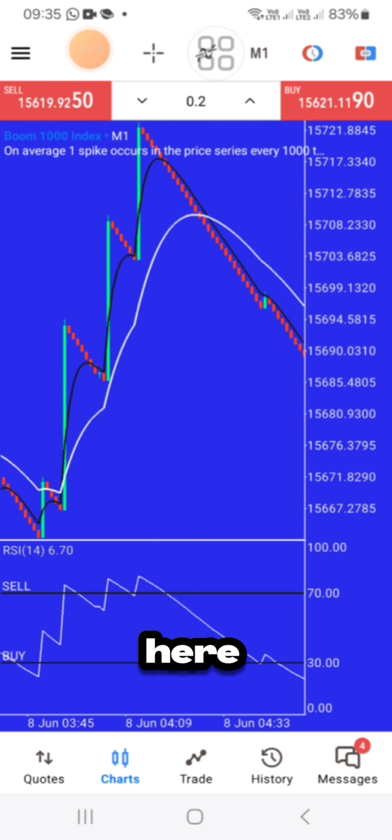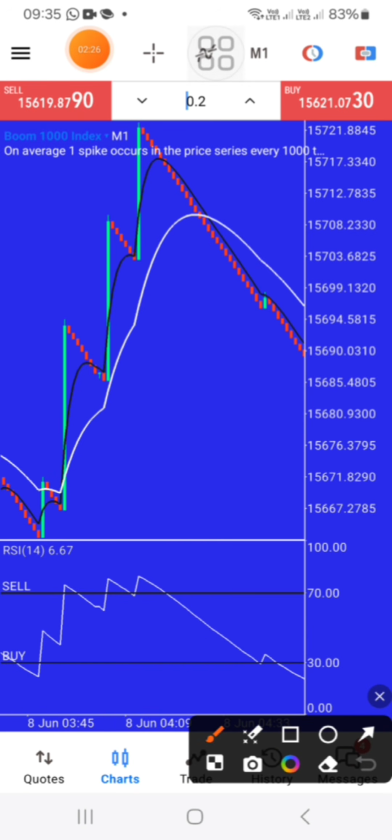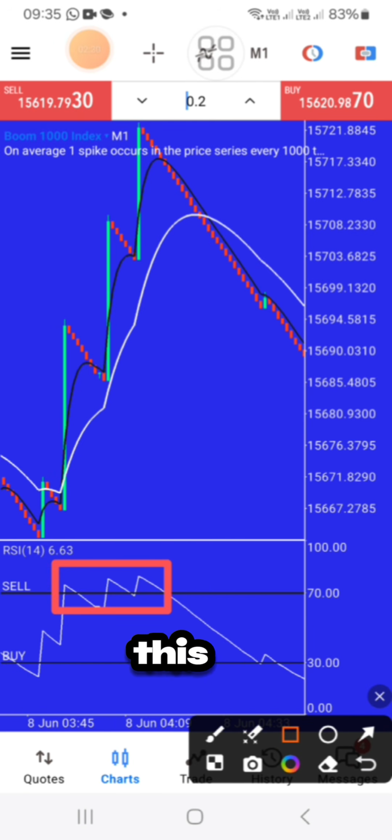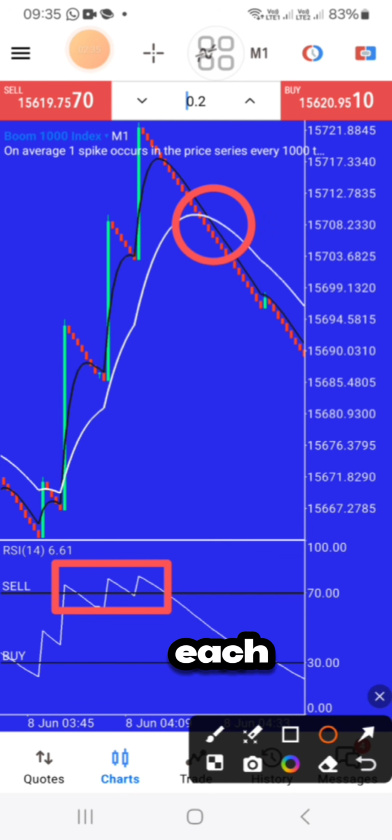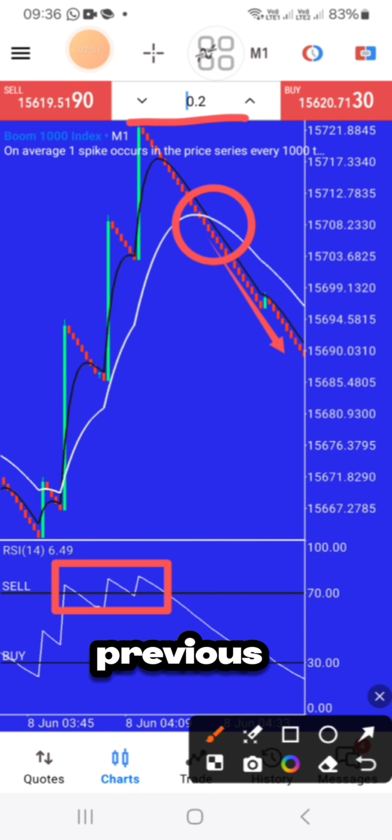We can see here we had the RSI cross below the 70 level in this particular area, and then here we have the moving averages crossing each other, the black line going below the white line, and you take your 10 candles and exit the trade. When it comes to the stop loss, you place it just above the previous spike, then you are ready to go.